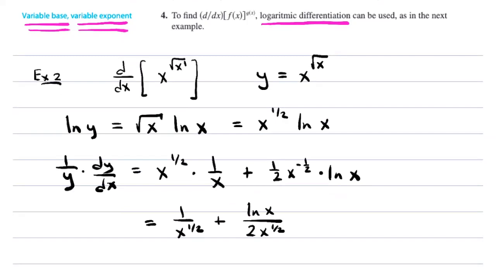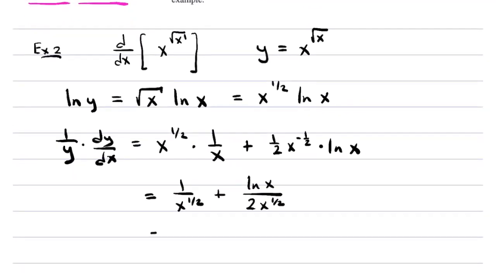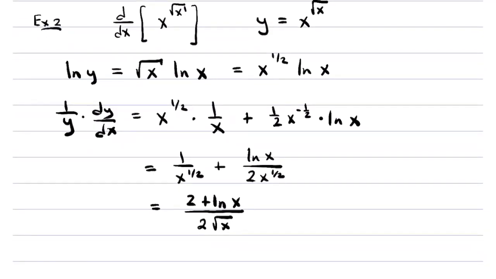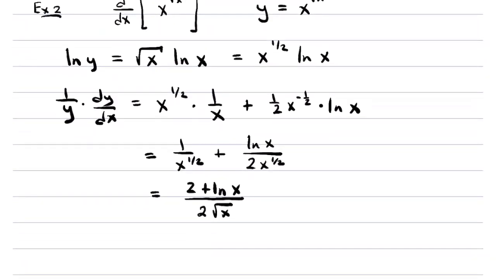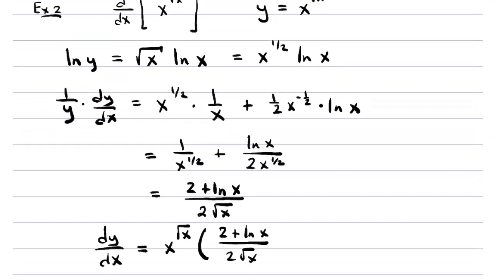If you want to get a common denominator, we can write that thing as 2 plus log x all over 2 times, going back to the radical notation, square root of x. So that's not dy/dx, that's 1 over y times dy/dx. So you multiply both sides by y. So dy/dx is y, which was our x to the root x, times that thing, 2 plus log x over 2 root x.